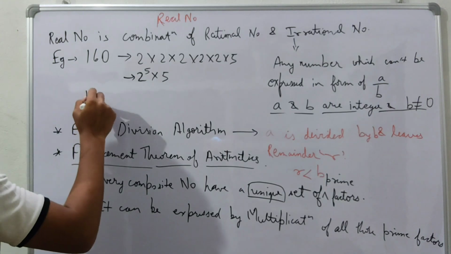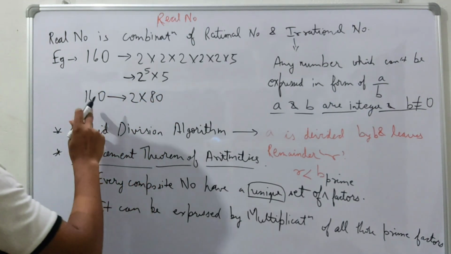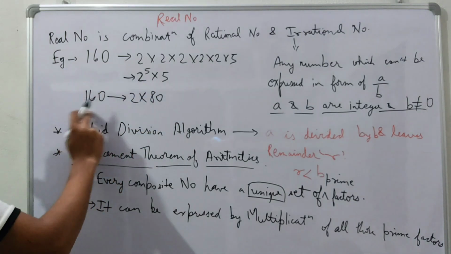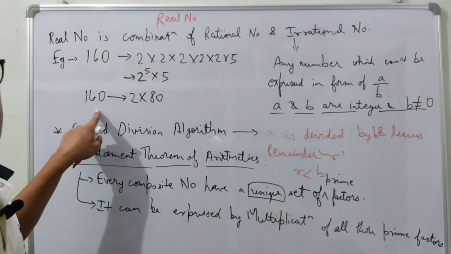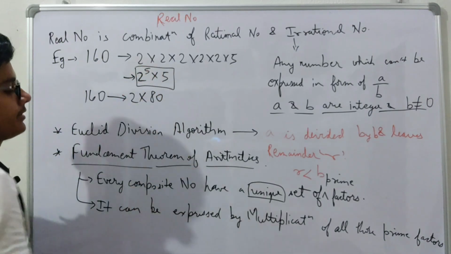We can also write it as 2 into 80, but this is not the prime factorization of 160. We can only write it in this way as the prime factorization of 160.